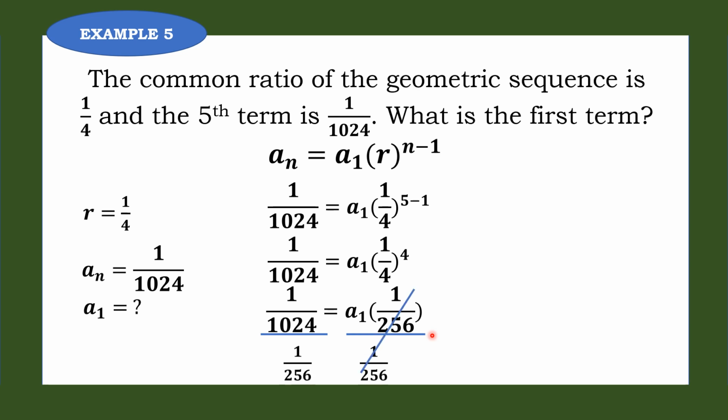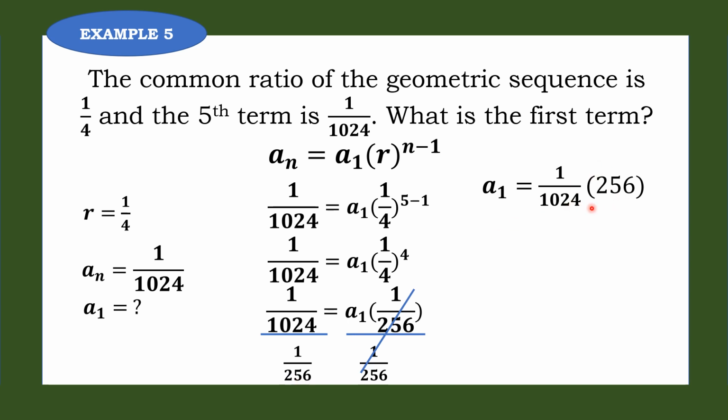So, it gives us 1 over 1024 divided by 1 over 256. To simplify this, we simply copy the numerator, which is 1 over 1024, and then we get the reciprocal of 1 over 256. That is why a sub 1 is equal to 1 over 1024 times 256, since the reciprocal of 1 over 256 is 256.